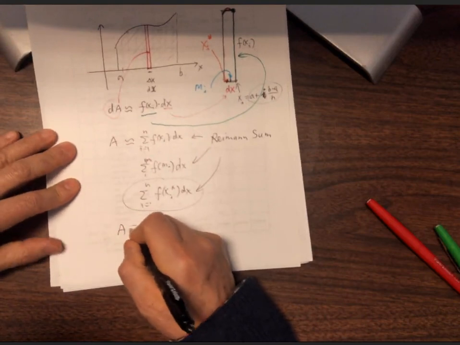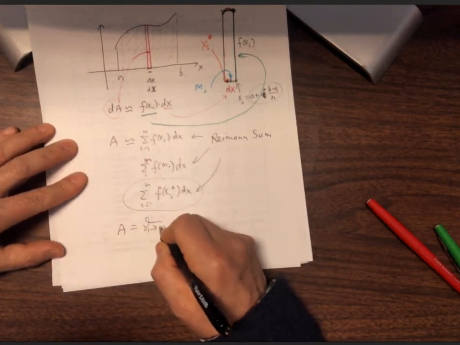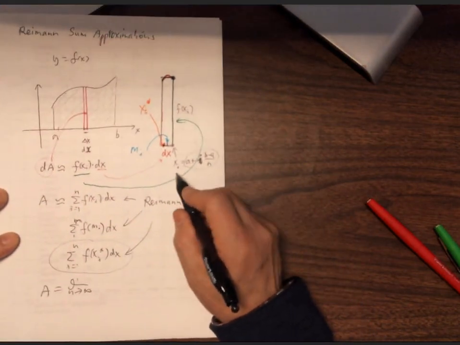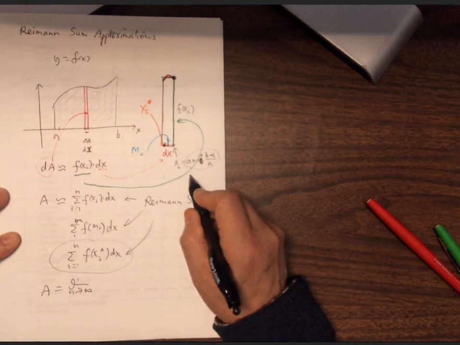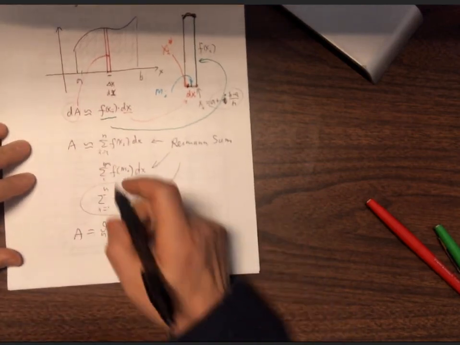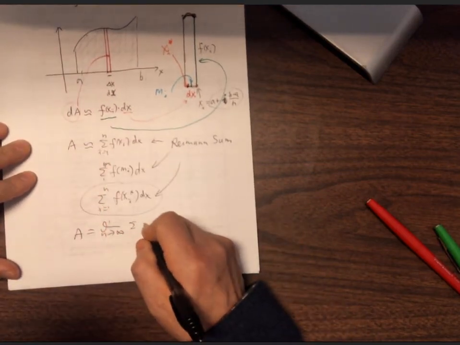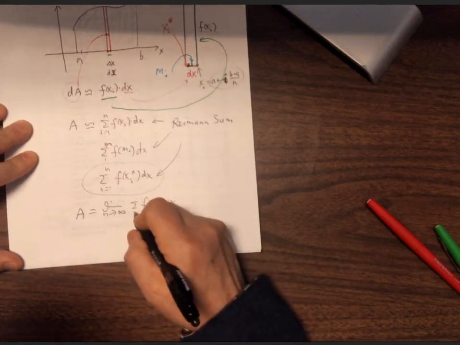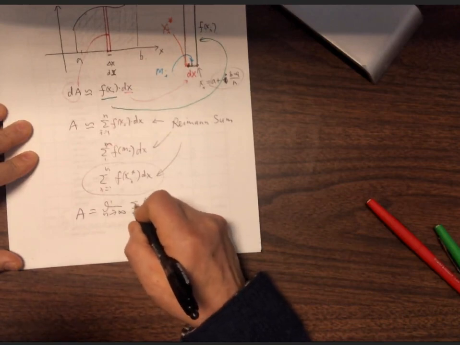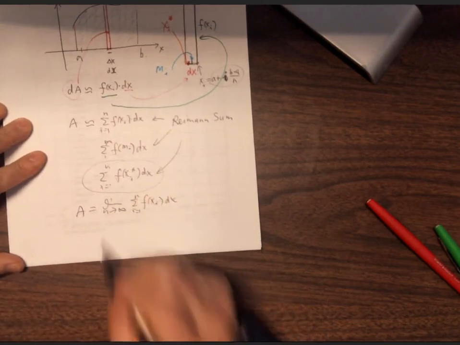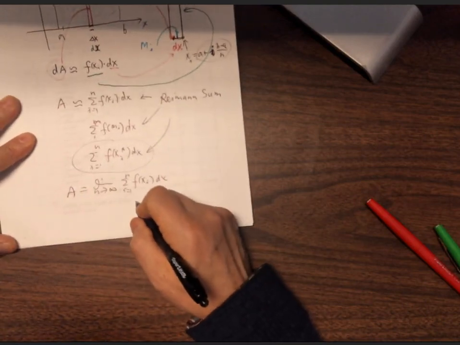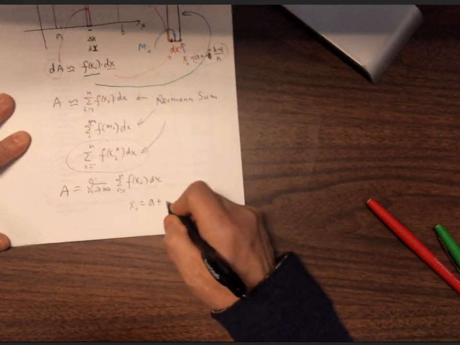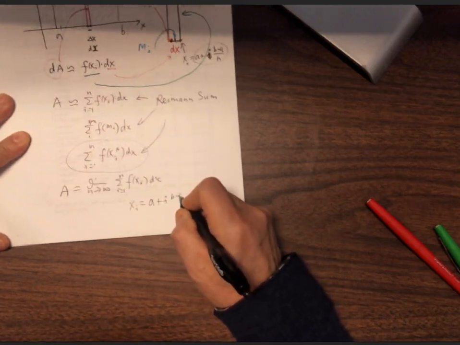So if we send n to infinity with any of those, but normally we use this one because there's a very convenient formula for their locations, x of i's. So let's just pick up this one. The sum, i from 1 to n, n goes to infinity, of course the x of i, just copying down, will be a plus i times b minus a over n.